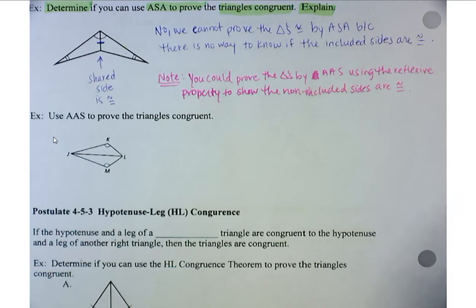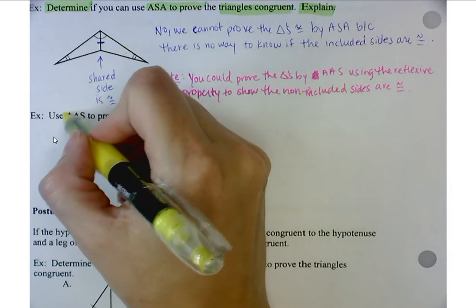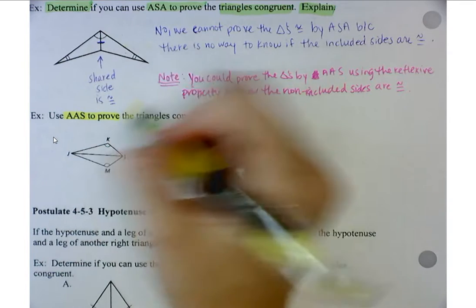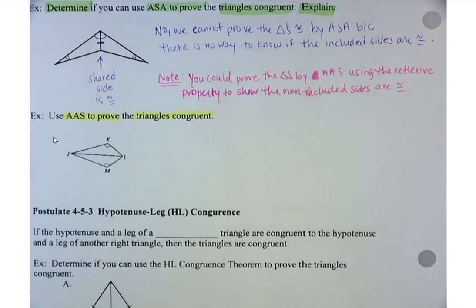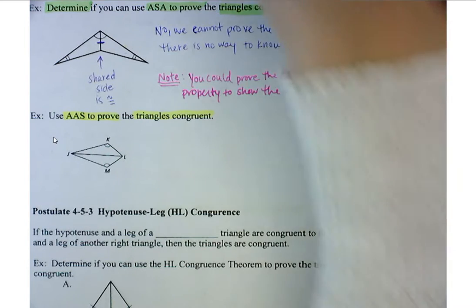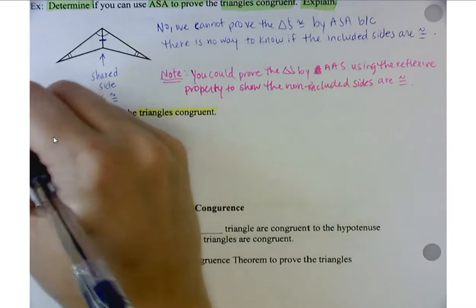All right, and then our next example says use angle, angle, side to prove the triangles are congruent. And then I'm actually going to give you the given. So this is just telling you what you're going to use to prove the triangles are congruent. And then you are going to be given two statements.